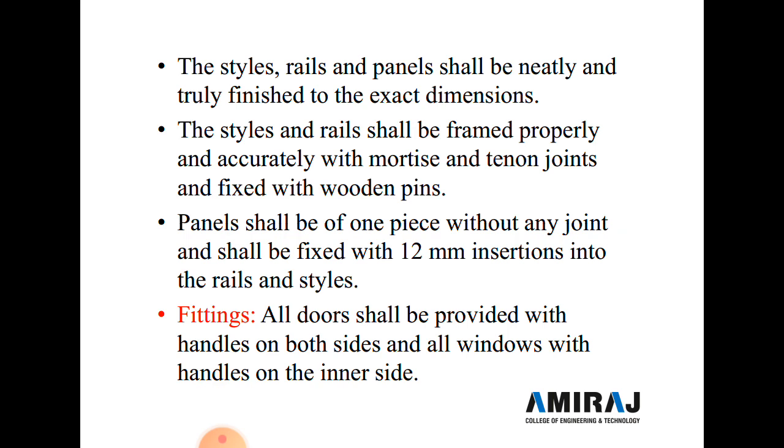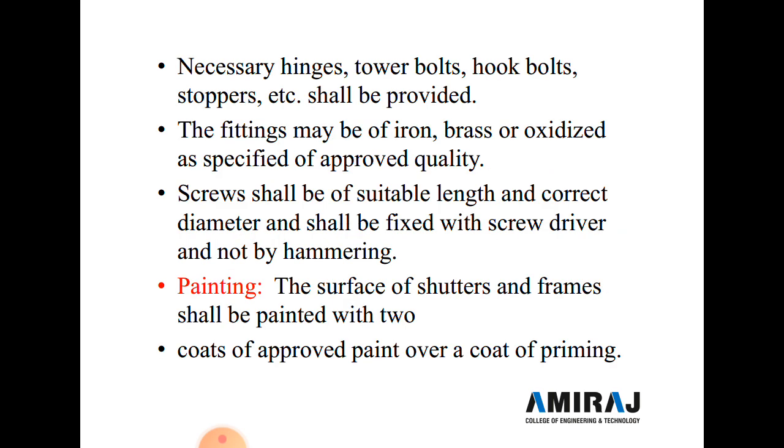All doors shall be provided with a handle on both sides, and windows with a handle on the inner side, and necessary hinges, tower bolts, hook bolts, stoppers etc. shall be provided on the inner and outer side as per requirement. The fittings may be of iron, brass, oxidized metal as specified, of approved quality, and screws shall be of suitable length and correct diameter and shall be fixed with a screwdriver and not by hammering. Here we compulsorily make a hole with a driller, and then the screw is fixed with a screwdriver, not by hammering.